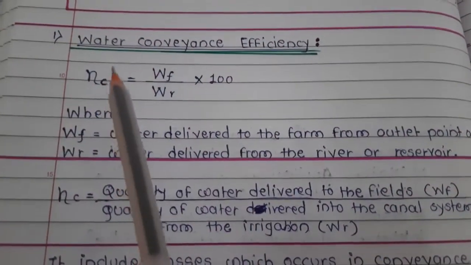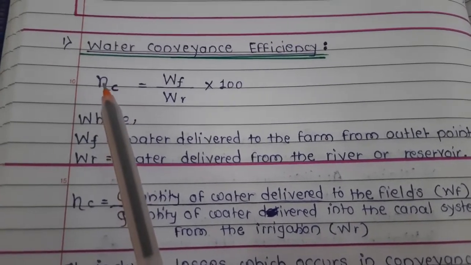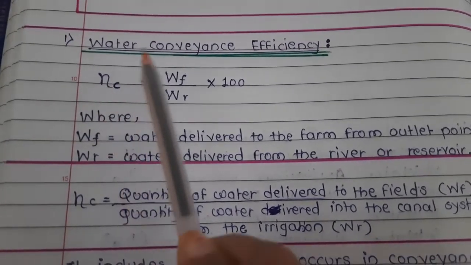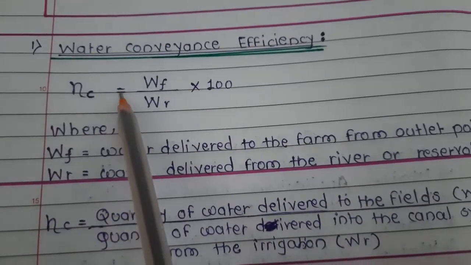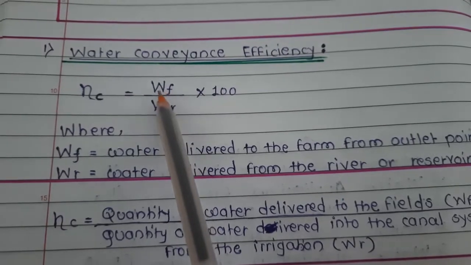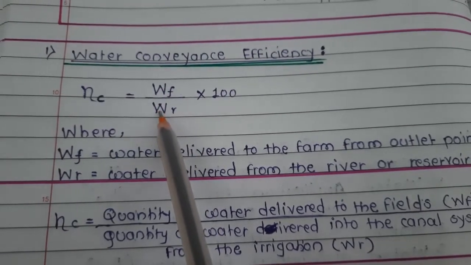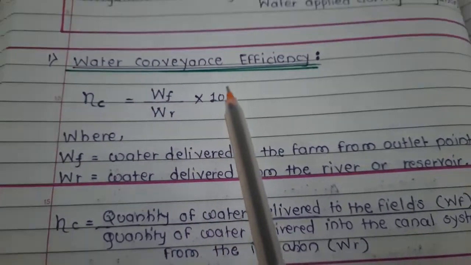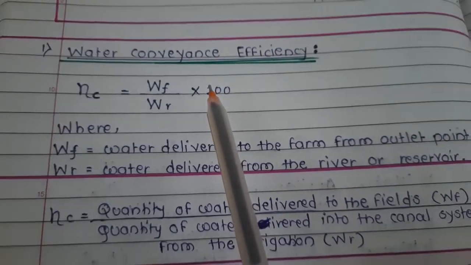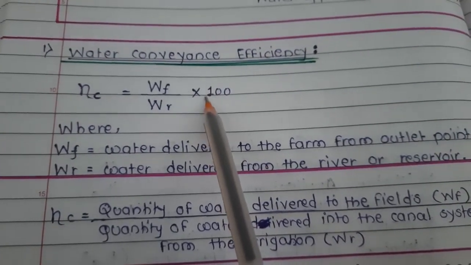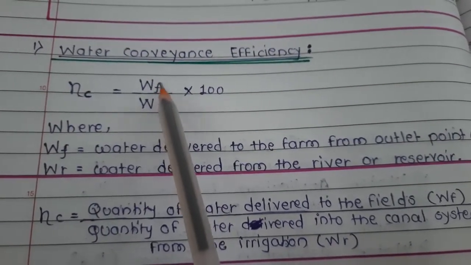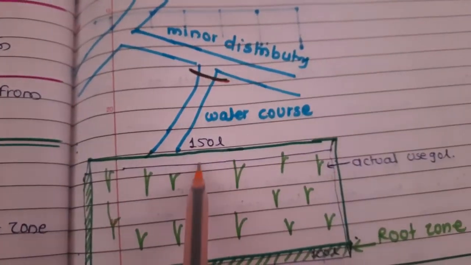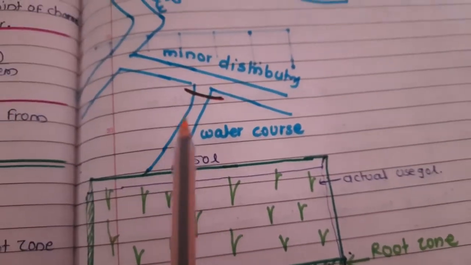So, see, efficiency is denoted by eta and conveyance by C. Eta C is equal to WF upon WR. If we want the answer in percentage, then multiply by 100, where WF is the output. Output means 150 liters of water reached here after losses.